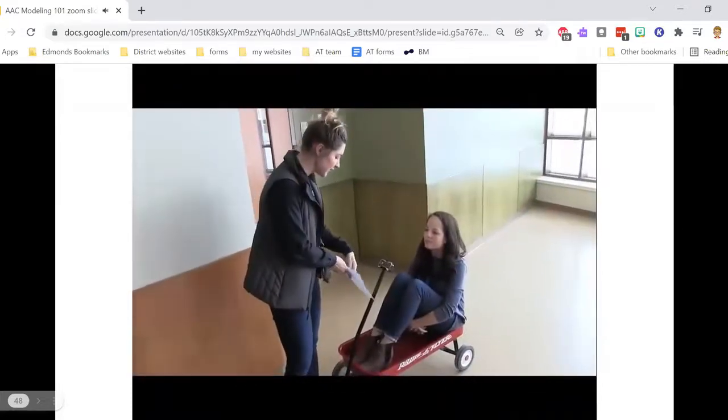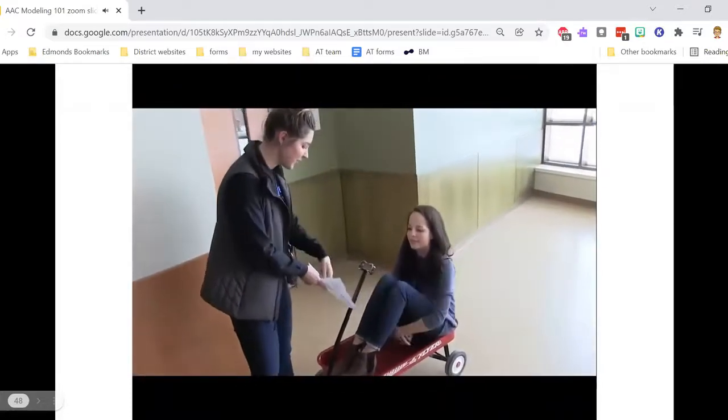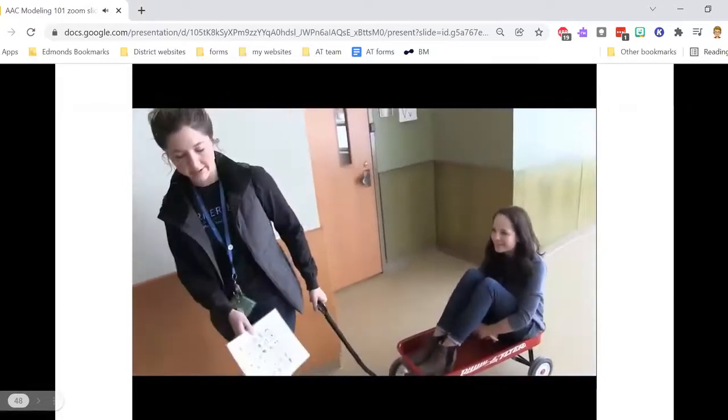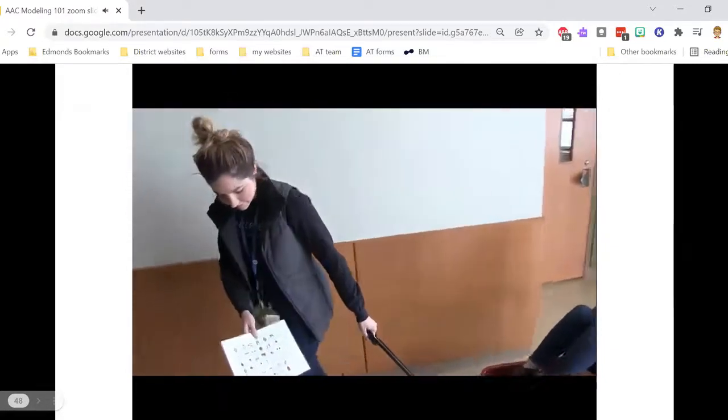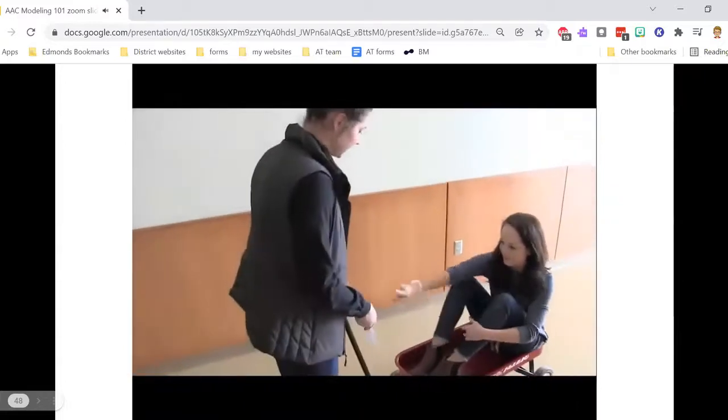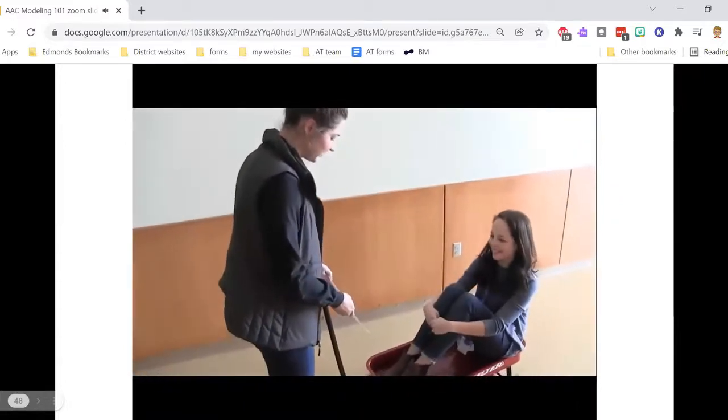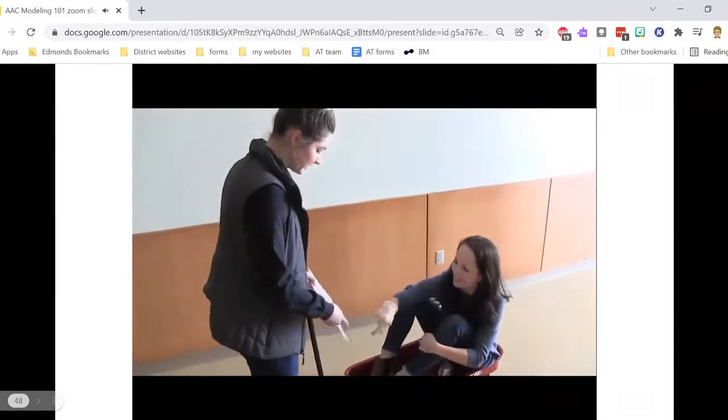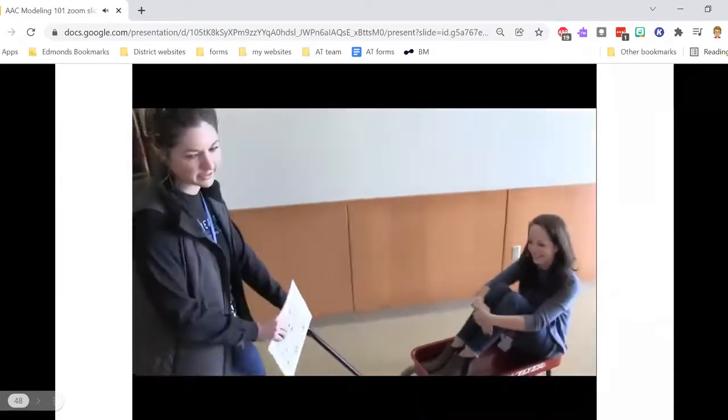Maggie, it looks like you want to go for a wagon ride. Go! Let's go! We are going in the wagon. Go! Nice touching! Stop! Stop! We are stopped in the wagon. Let's go!